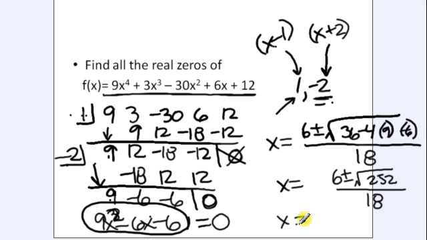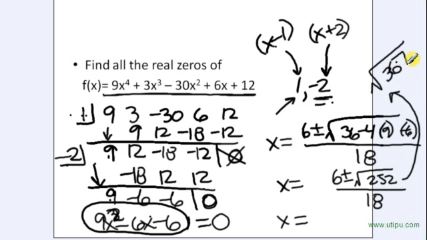Now let's simplify it further if we can. The square root of 252. Well, 252 square root is not a whole number. However, I could split the square root of 252 into 36 times 7. And I want to try any perfect squares that go into it until I find one that works. 36 goes evenly into 252 7 times.